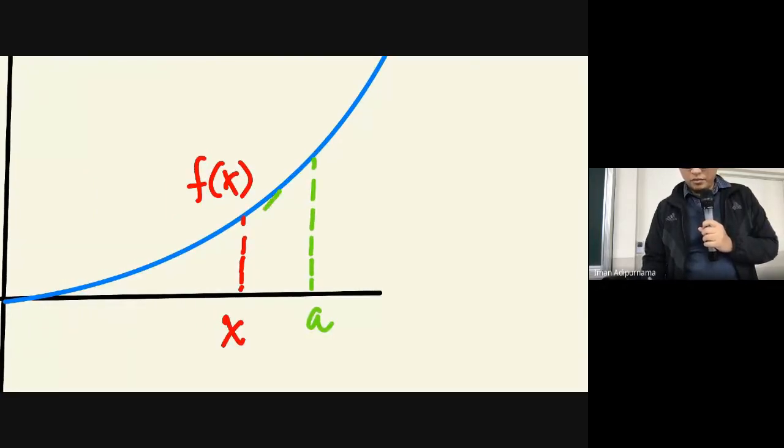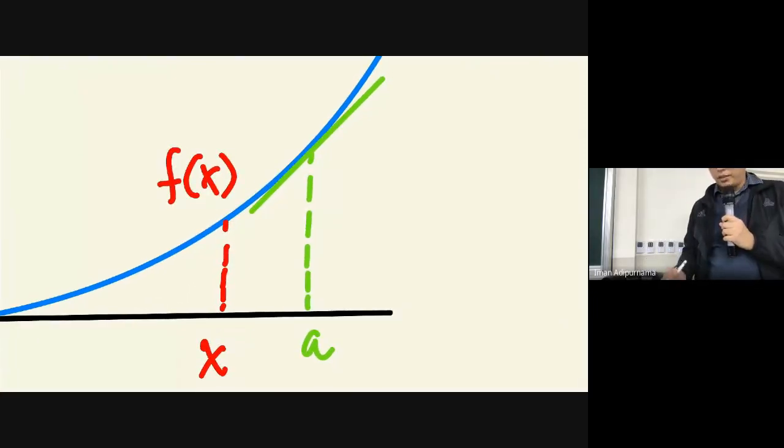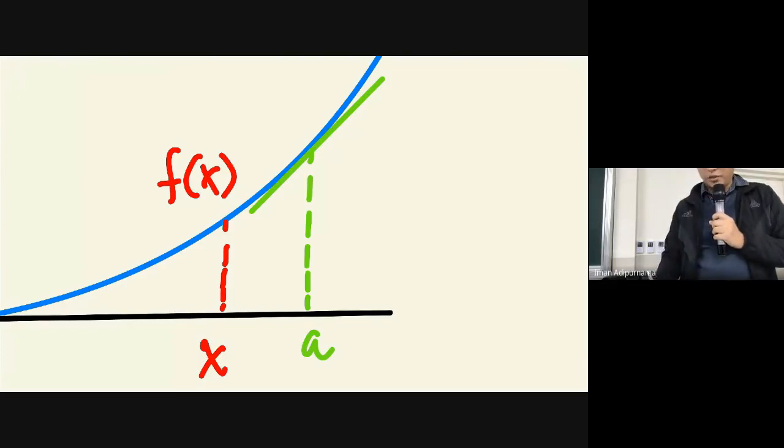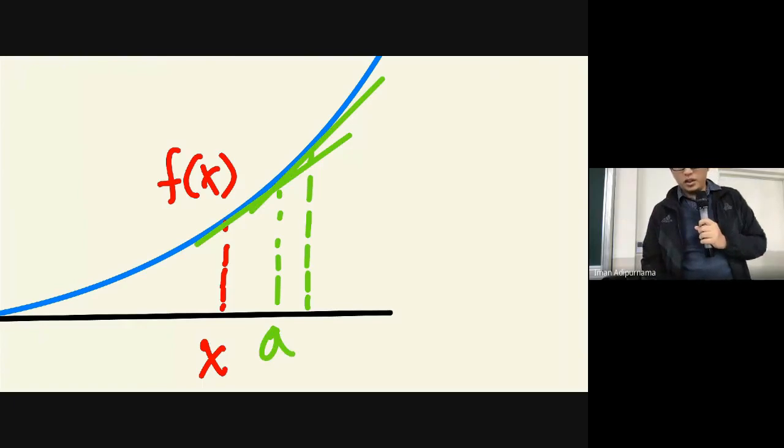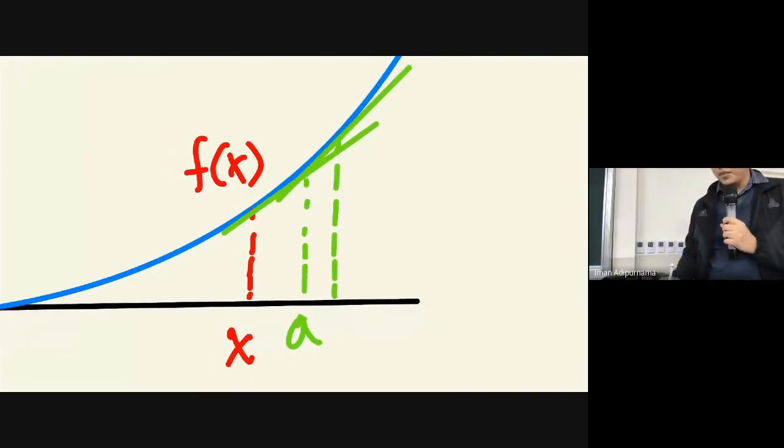By doing so, I can approach with this a. As a is getting closer, maybe a is here, or maybe here, there will be another tangent here. This is a1, a2, or maybe just the a on the left, to simply see what we are doing.